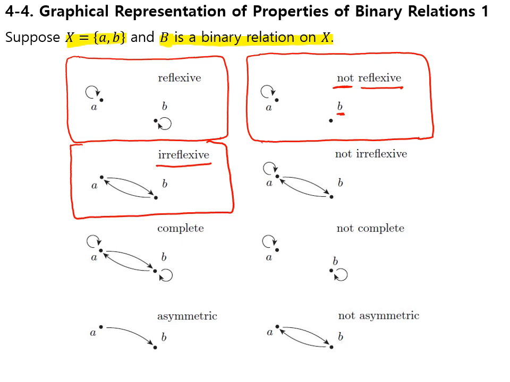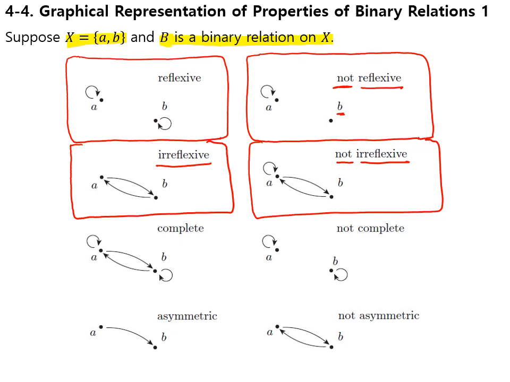But now, look at this picture over here. This picture shows that the relation is not irreflexive. And why is that? In order for a relation to be irreflexive, every element should not bear the relation to itself.